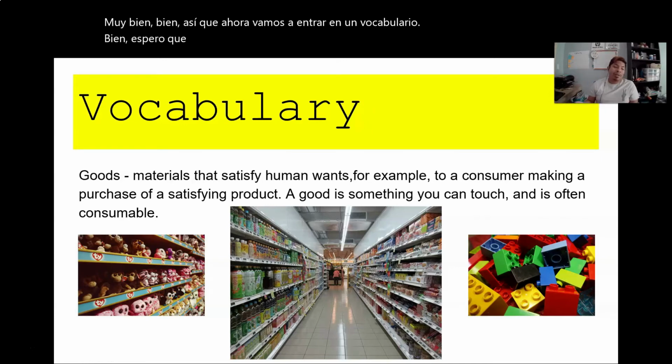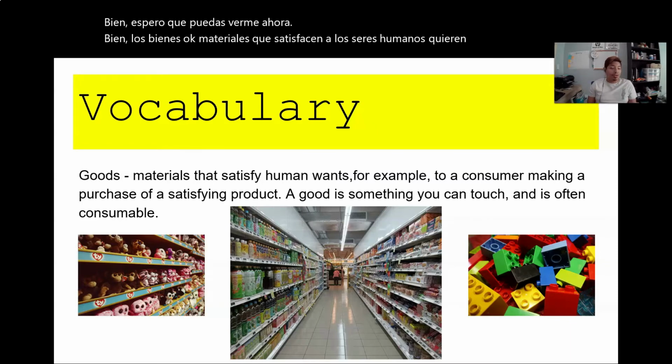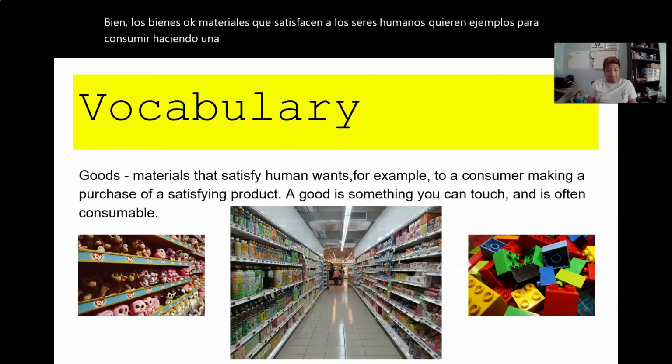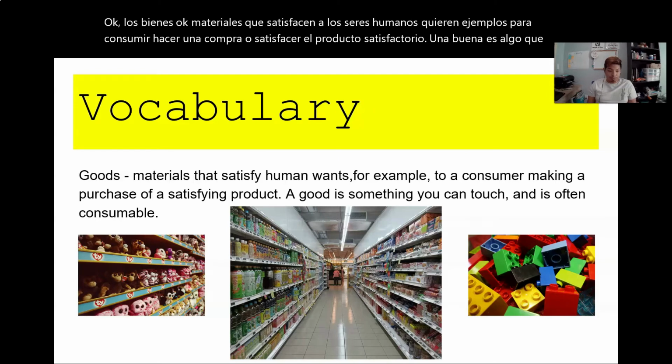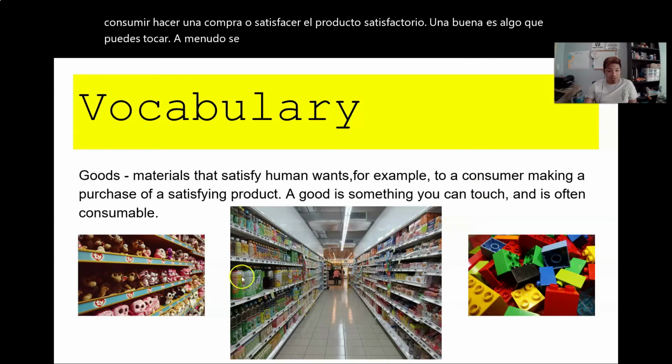Okay. Goods, materials that satisfy humans' wants, for example, something to consume, making a purchase, or a satisfying product. A good is something you can touch and is often consumable. So for an example here, toys, food, those are goods, okay?